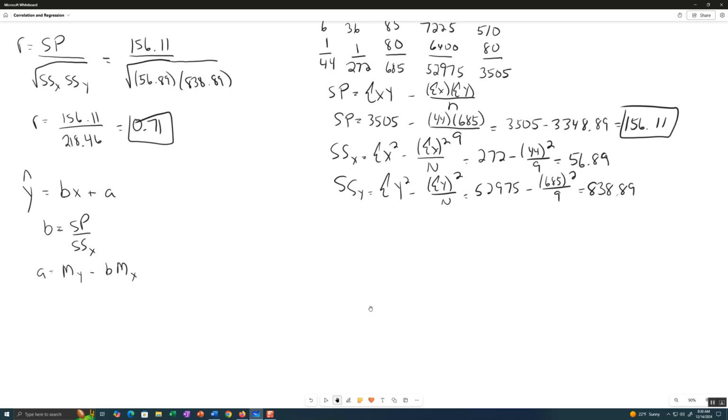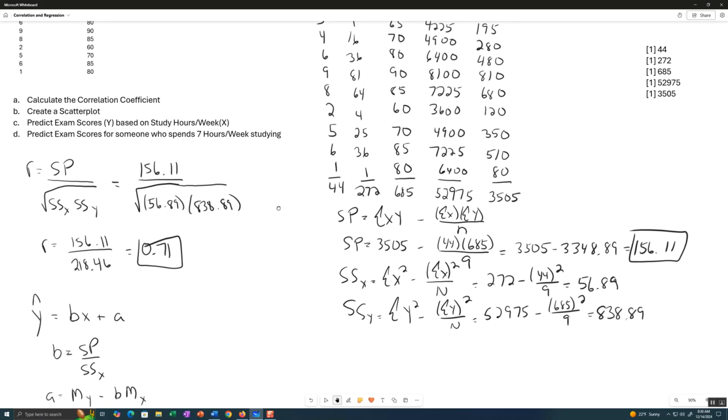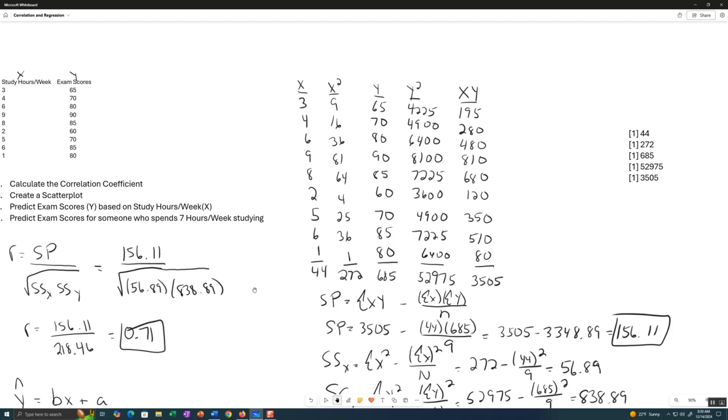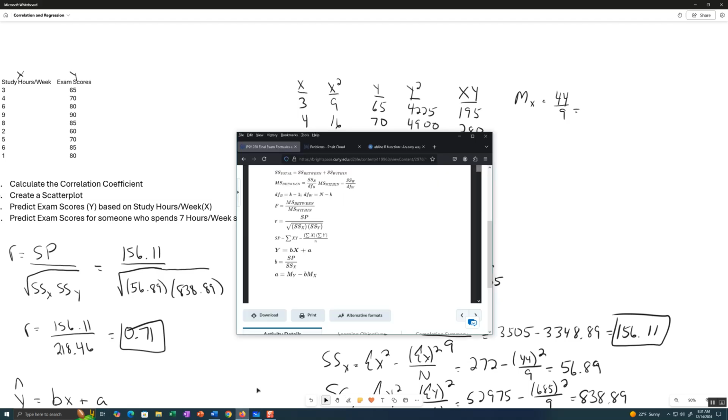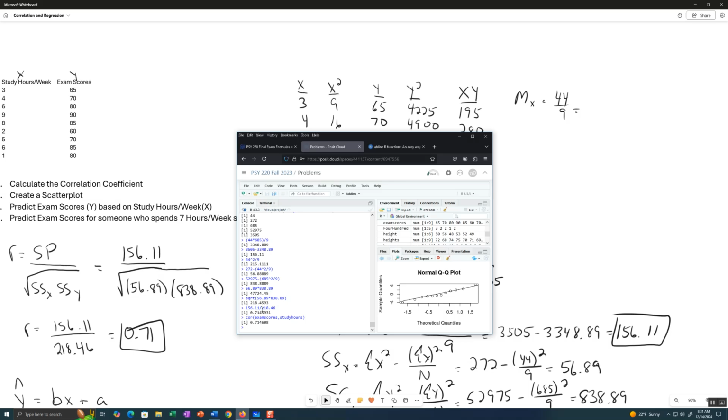So I need those means. So let's go find those means here. Let's get rid of this. I don't need that. So let's do means. So the mean of x is simply sum of x, which is 44 over 9, which is 4.89.